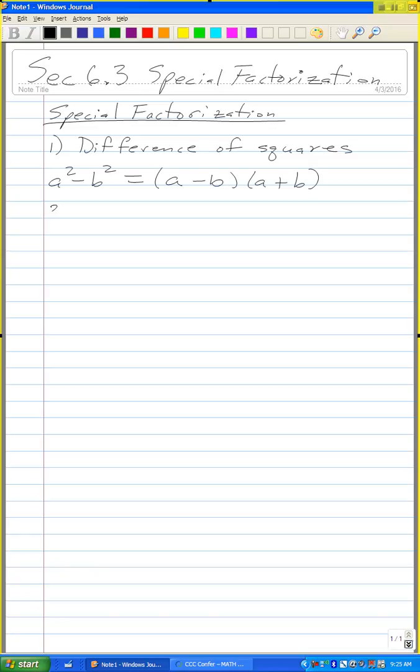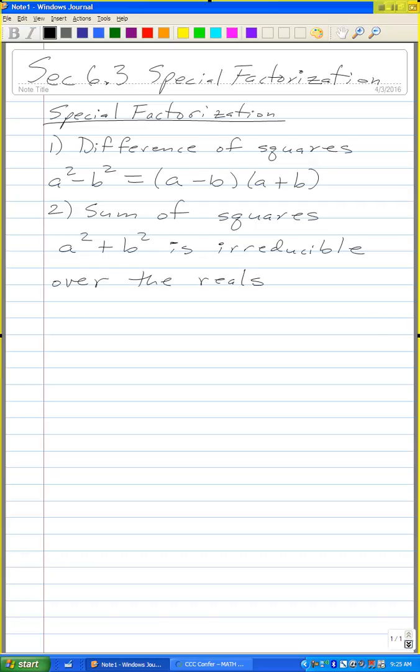The sum of squares: a squared plus b squared is irreducible over the reals. So you're unable to factor the sum of squares over the reals.